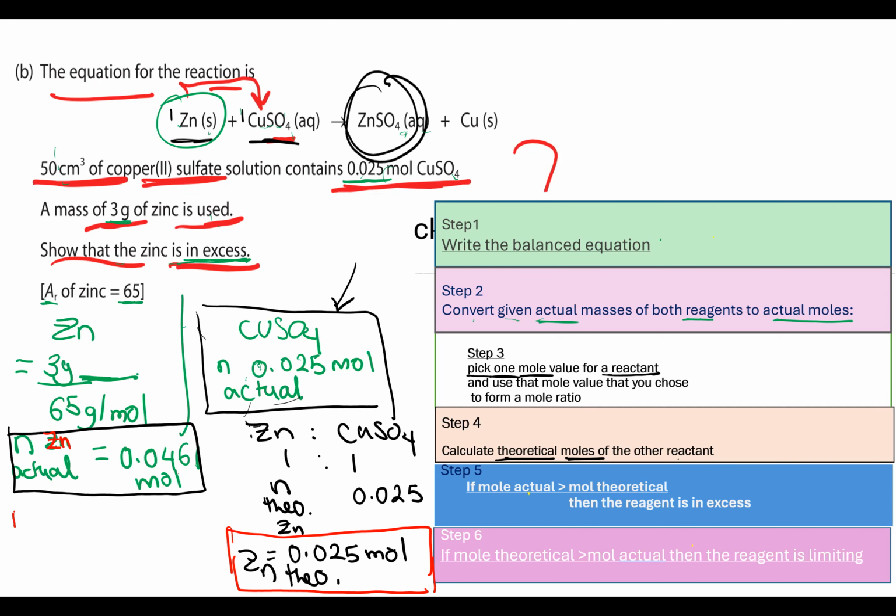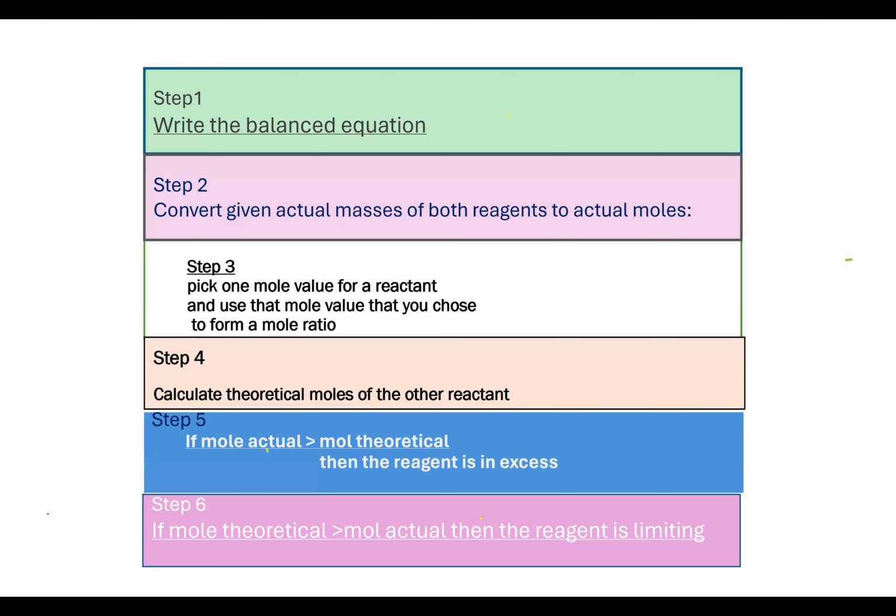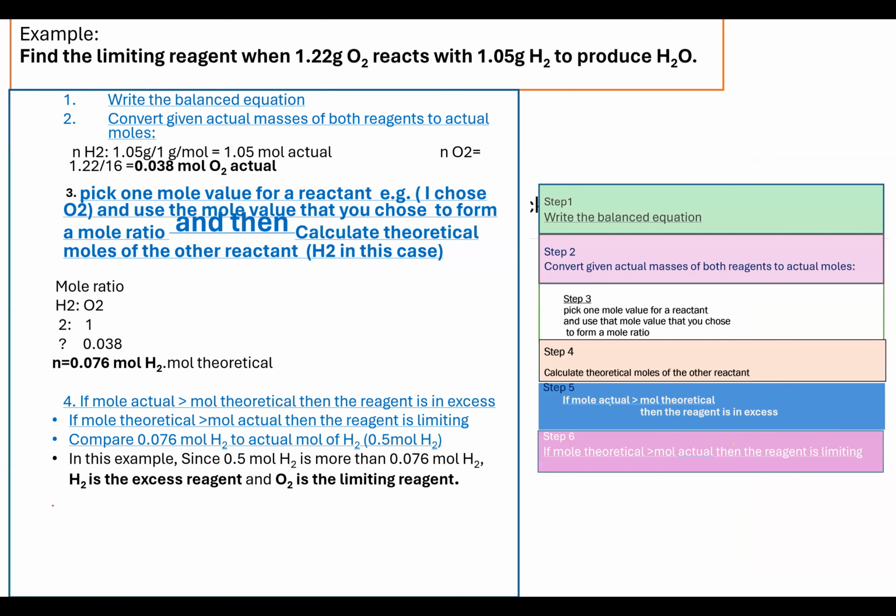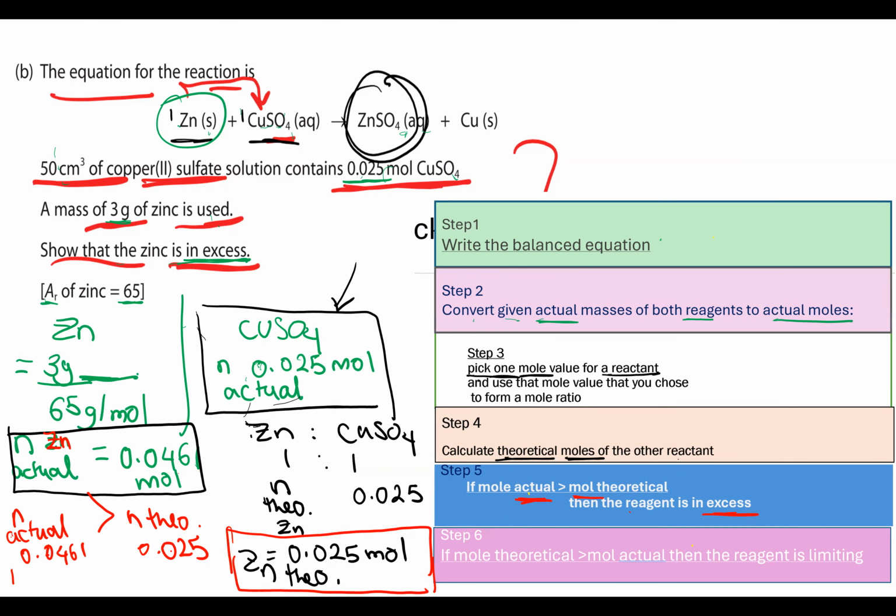So it seems like N actual is bigger than the N theoretical because this is 0.0461 and that's 0.025, which means we go over here: if actual is greater than theoretical, I have more than I need, because theoretically, this is the amount that I want by calculation. So then it is in excess. So I have proved now that, therefore, zinc is in excess. So just by showing that.